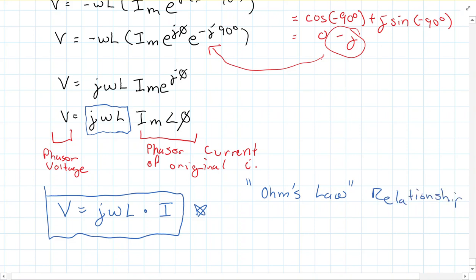Ohm's law deals with resistors, of course. But what do we have here? Well, we've got j omega L, but these are all just numbers. And yeah, that's a complex number here, big deal. Who cares about the fact that it's a complex number? Times phasor currents. So what we've really noticed here is for inductors, we'll be able to use all of our analysis techniques that we learned with resistors here when we're doing steady state. So that's the big deal from here.